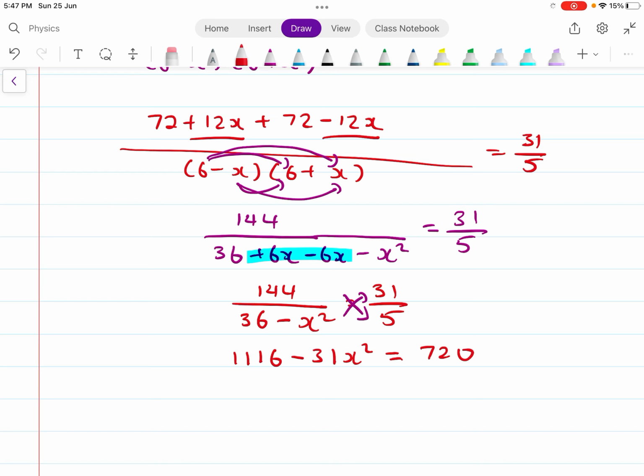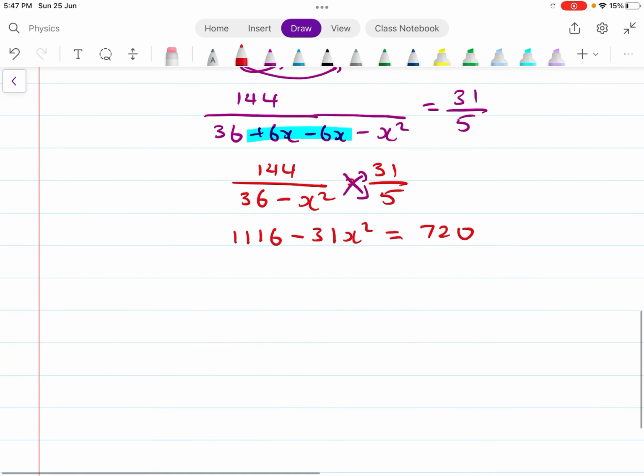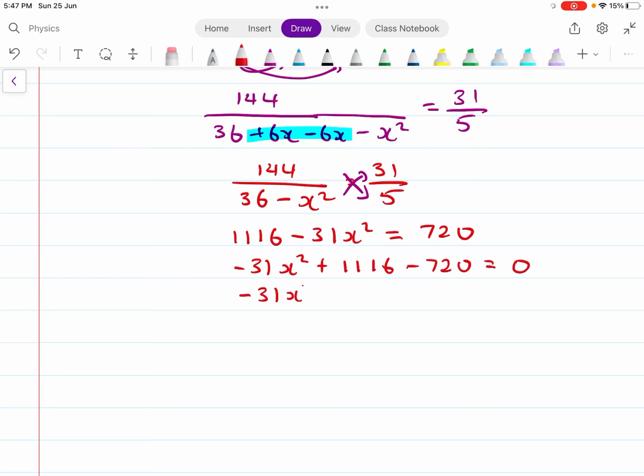Then you move the 720 to the left hand side: 1116 minus 720. So it is equal to 0, negative 31x squared, plus 396 equal to 0.